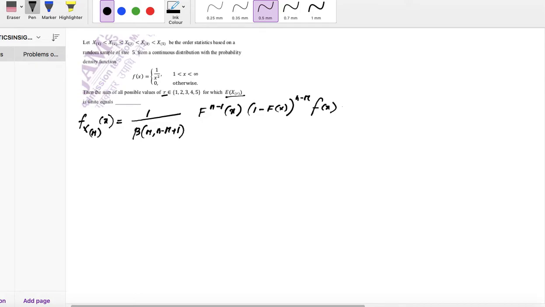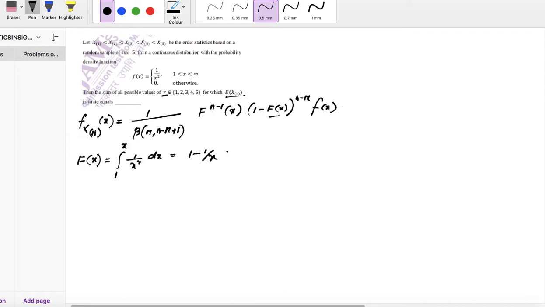And now we are required to find this F of x. First, let's find F of x. The range would be from 1 to x, then 1 by x square dx. What we will get? We will get 1 minus 1 by x as the CDF of x.